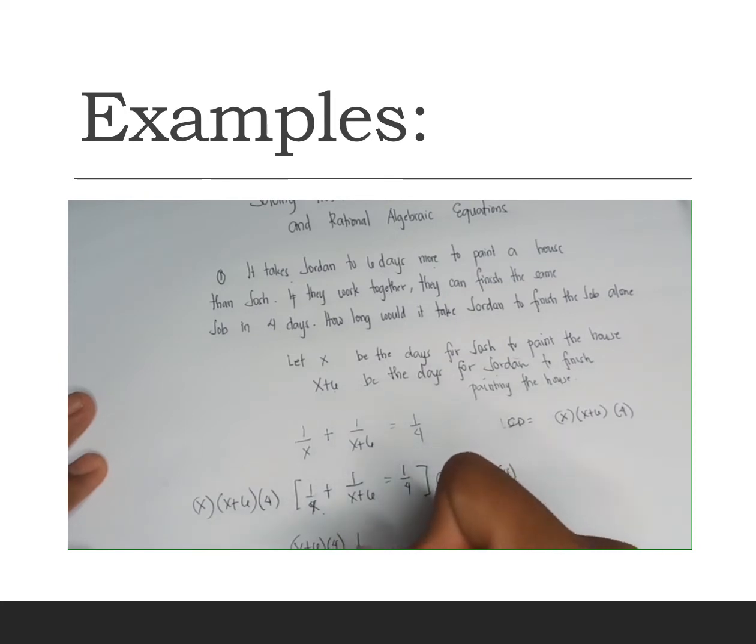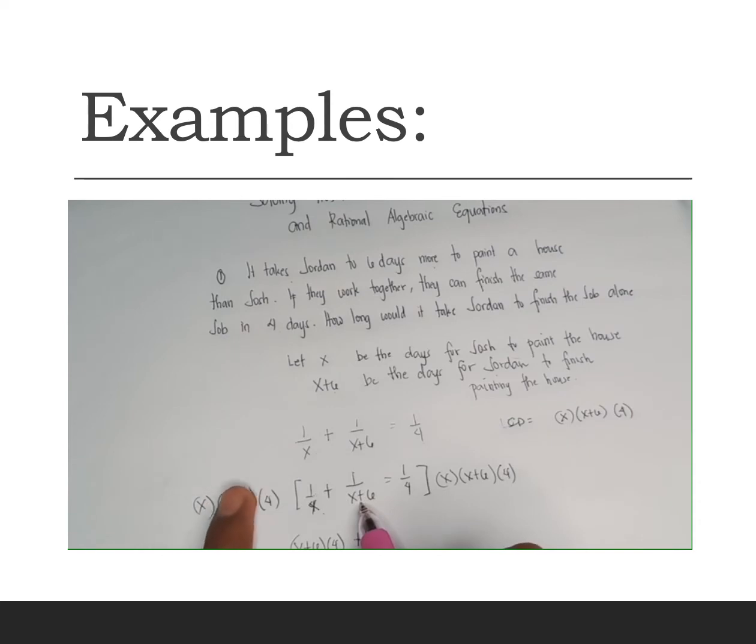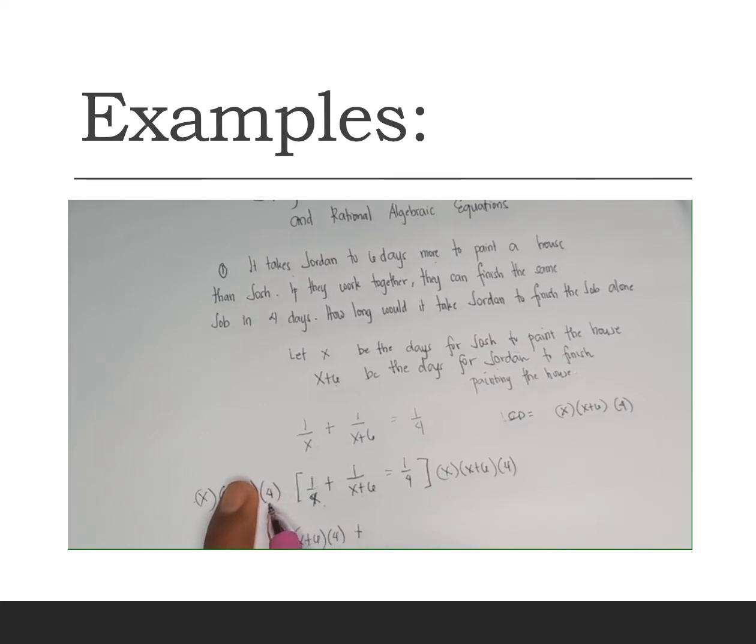Plus, we will try again to multiply this LCD to the second term. So we have x plus 6, we just remove the x plus 6 there. So the x and 4 is to be multiplied to 1.